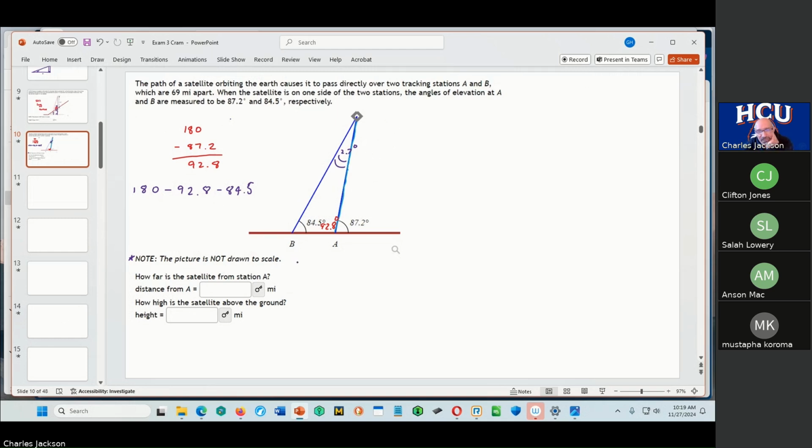So we have the measures of all three angles, and we have one side length. And so we'll use the law of sines. We're trying to get the length of this aqua colored side, and we'll call that length x.